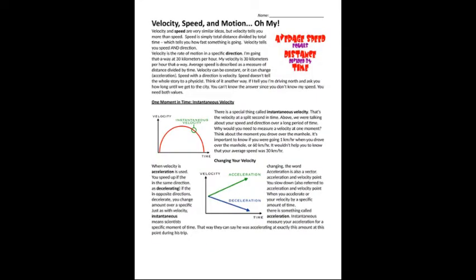So, when we are talking about speed, speed is simply total distance divided by time, which tells you how fast something is going. Velocity is a little bit different because it tells you the speed and the direction. So, velocity is the rate of motion in a specific direction.